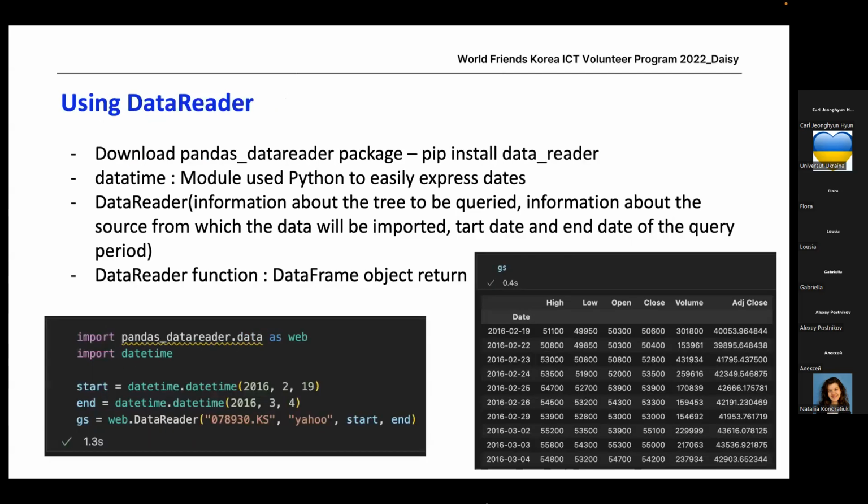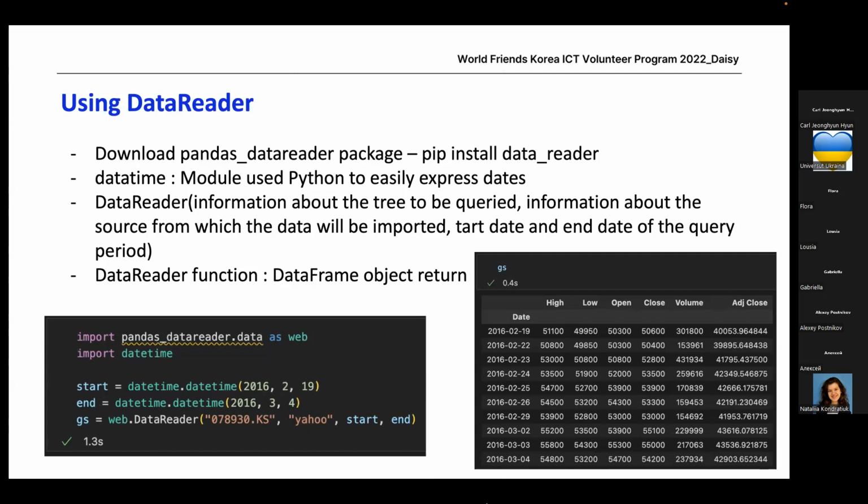Now, we will proceed with chapters 1 and 2 using one data. Let's use data reader to get the daily data of GX stocks from Yahoo Finance. First, import the data module in the pandas data reader package and then import an additional module called datetime. For your information, datetime is a module that Python uses to easily represent dates.